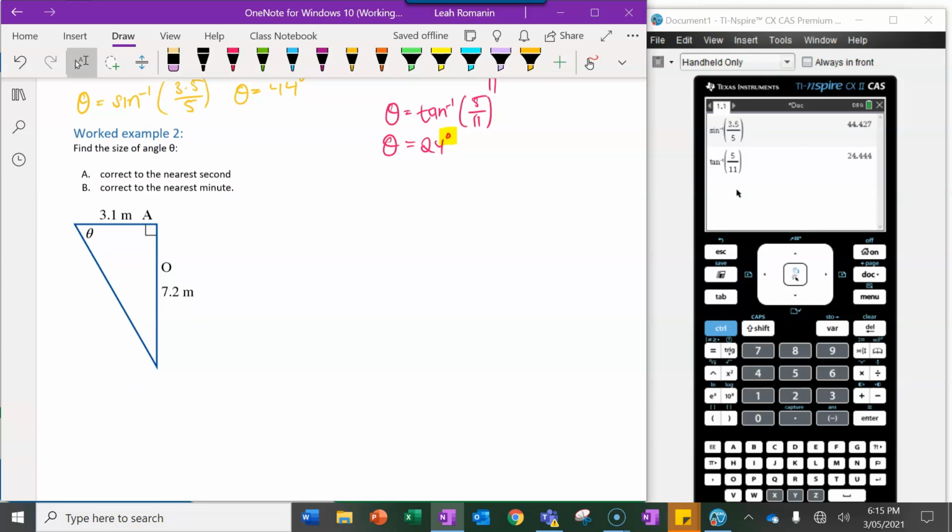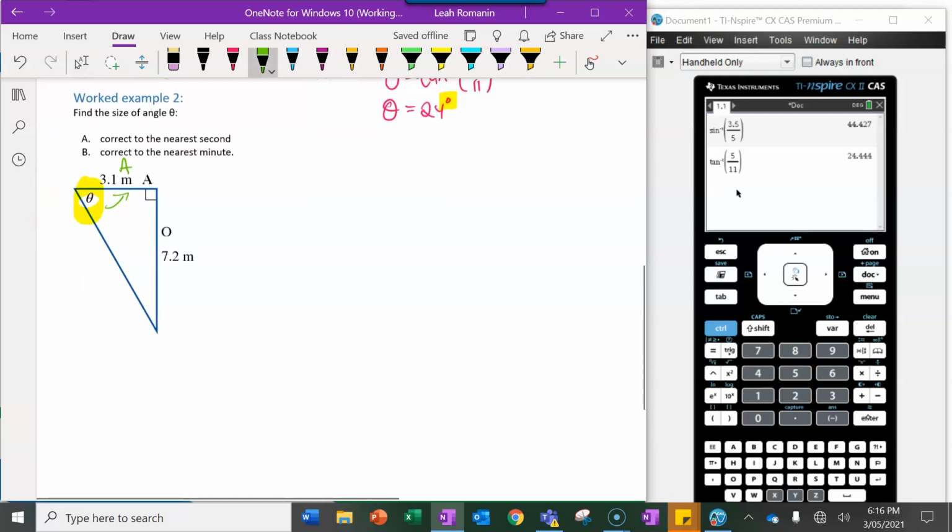Okay, so example 2, we need to find the size of the angle theta. Part A is correct to the nearest second and B is correct to the nearest minute. So looking at our angle here, 3.1 is adjacent and 7.2 is opposite.